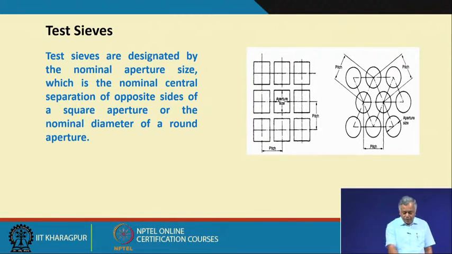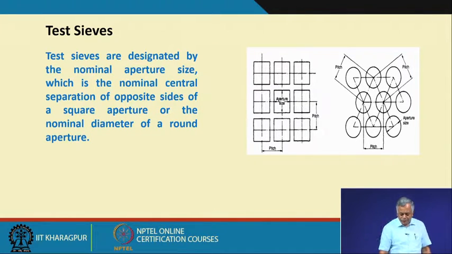That means, if you think of this as a plane of the sieve and the particles are getting in from the top, what it sees is the width, but if you change the orientation, it is the length.